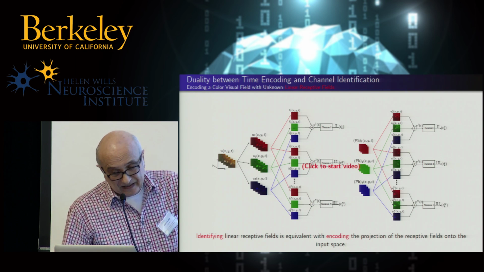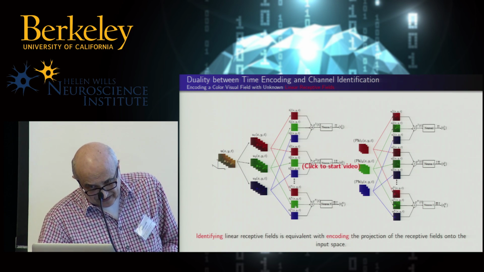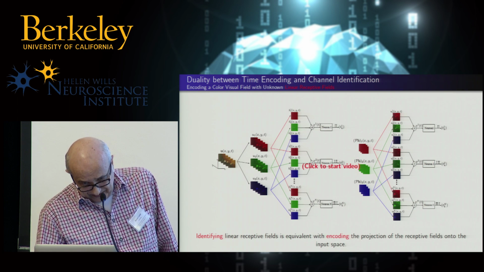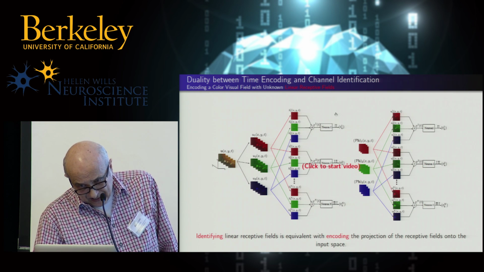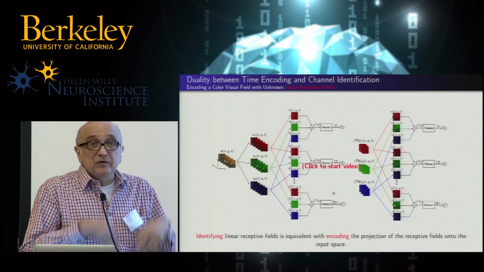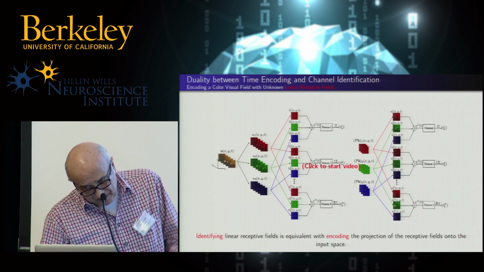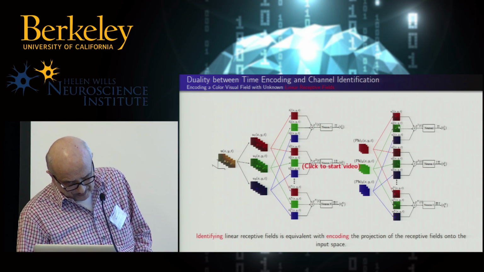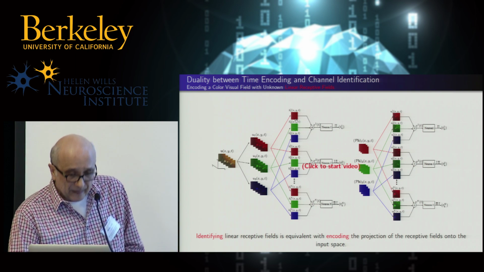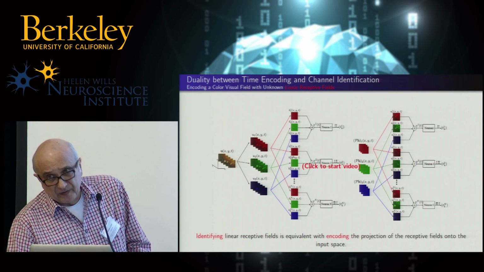But as I said, in practice, in the neurobiology lab, these filters, the receptive fields, are not known. So what do you do? You apply a signal here at the input, and you ask the question, knowing the input and knowing the output, what can you say about the receptive fields, how they're encoding information? And here we have a very nice result, which is based on a very simple observation: if these are linear operators and this is the input, then there's a convolution between the two.